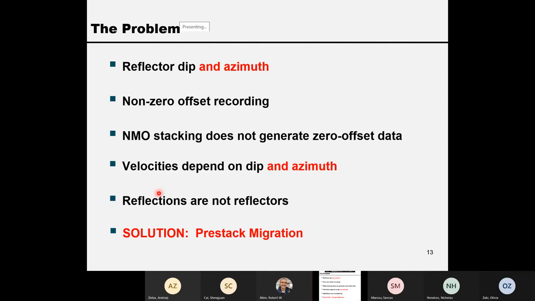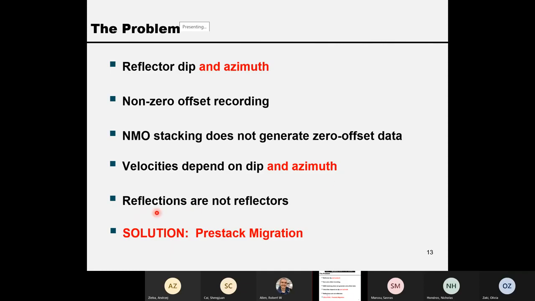And the velocity depends on dip, and most of the dependency on dip is cosine theta squared, which is equal to 1 minus sine theta squared. And the dependence on azimuth is also cosine squared, so it's cosine squared phi. Cosine squared theta, cosine squared phi, right? But mathematically it's 1 minus sine theta squared and cosine phi squared.